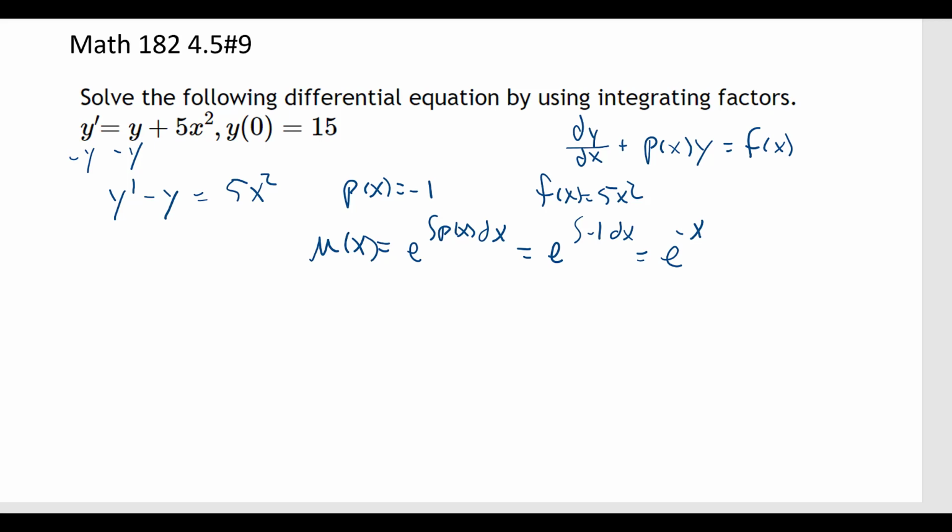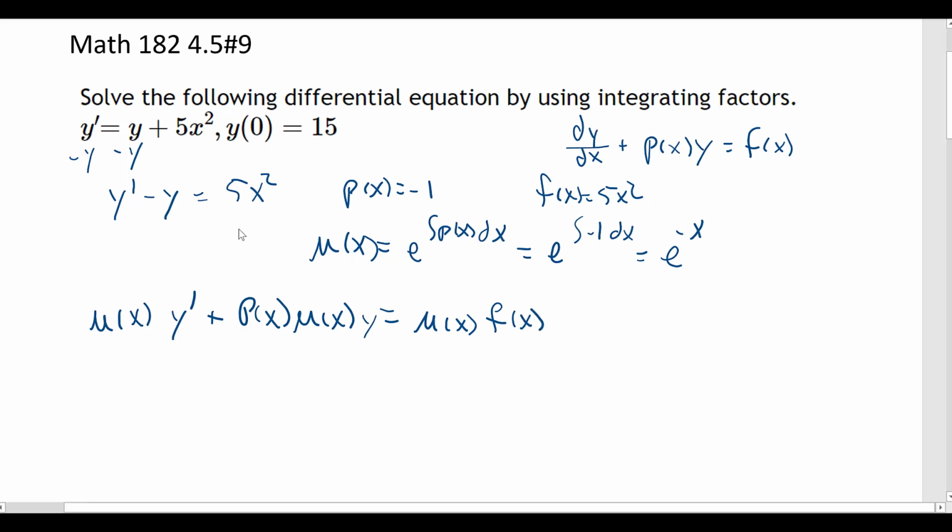And we'll be able to take that and rewrite this as mu of x times y prime, or dy/dx, plus p of x mu of x times y equals mu of x times f of x.